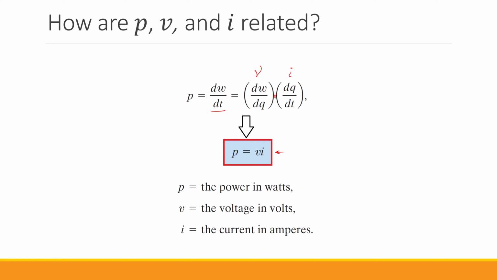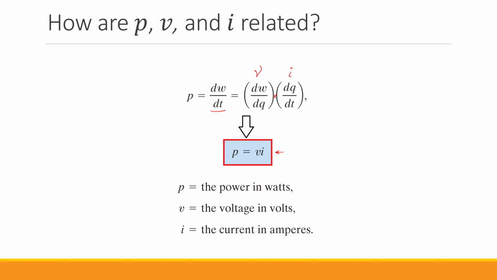So at any given time, the power of an electric element, a circuit element, whatever that is, equals its voltage at that specific time multiplied by its current at that specific time.